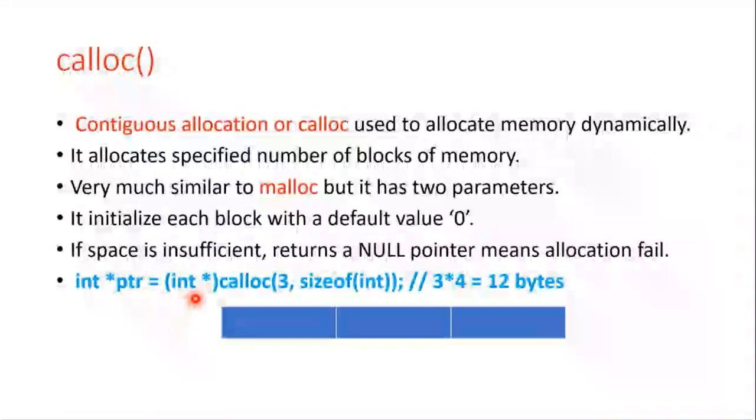It also returns a void pointer. We typecast it later. We can typecast malloc and calloc both into any data type we want.